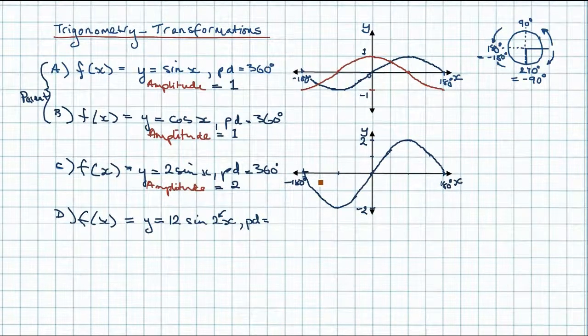If I'm talking about 2x, so sine of 2 times my angle, then each time I take a reading, it's going to have gone around that circle twice as far.